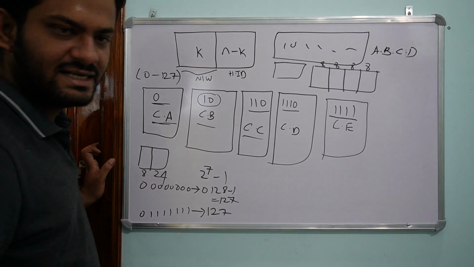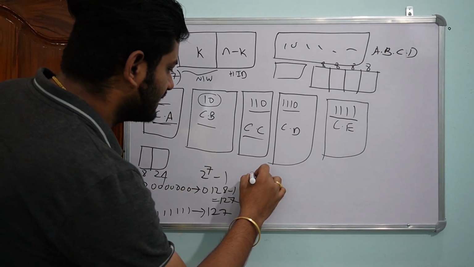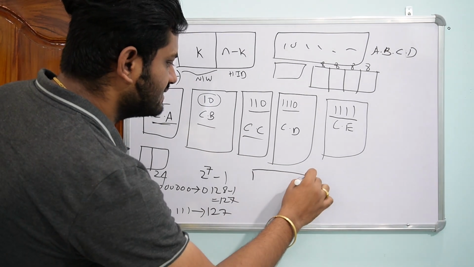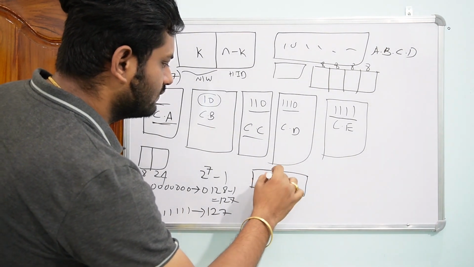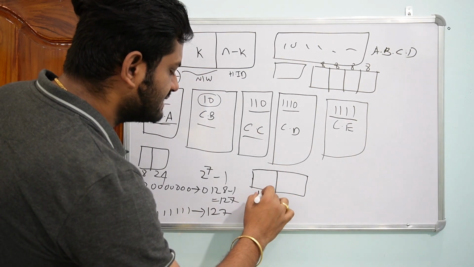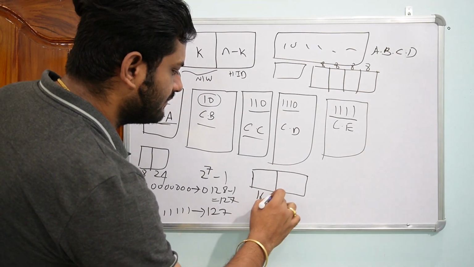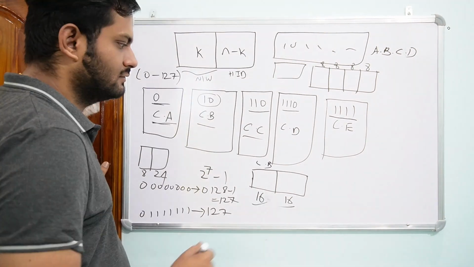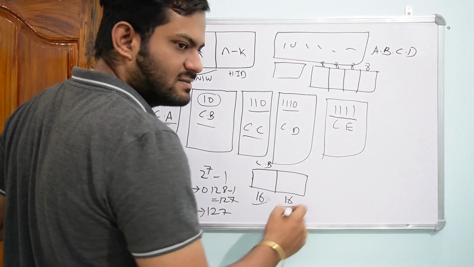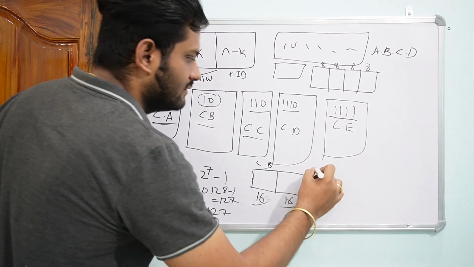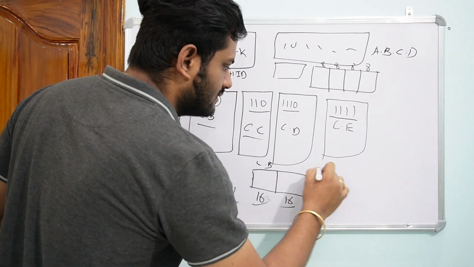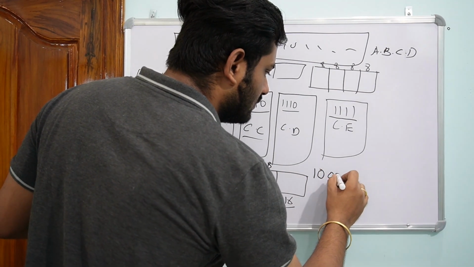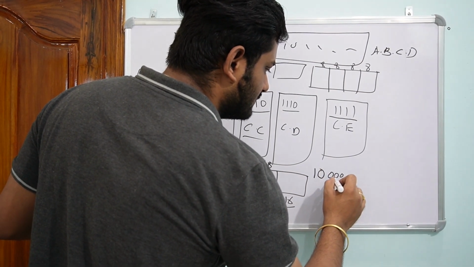Now for class B, let's see what is the range. For class B, the IP address is divided into first 16 bits is given for network ID and the rest 16 bits is given for host ID. So now for class B to calculate the range, first two bits are 1, 0, and then you have all zeros.